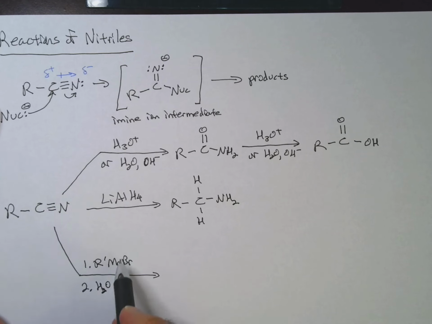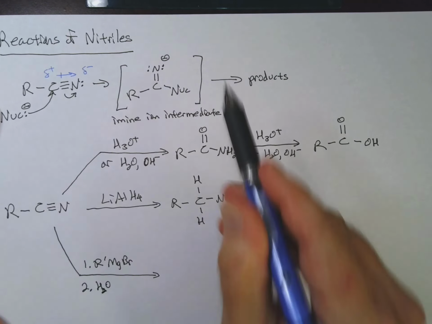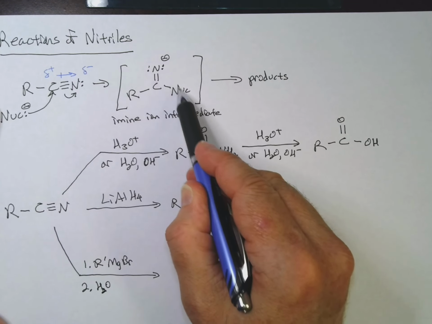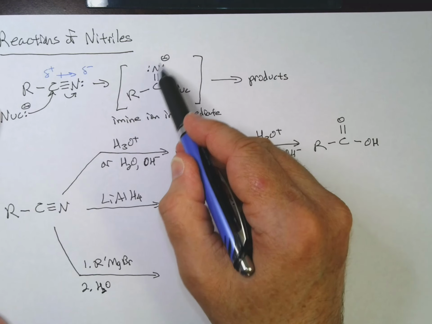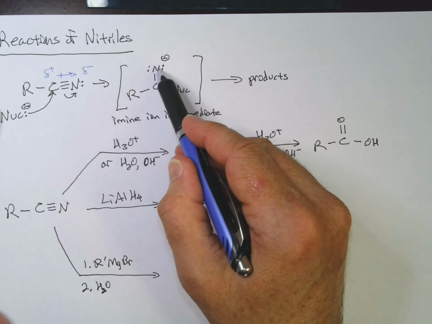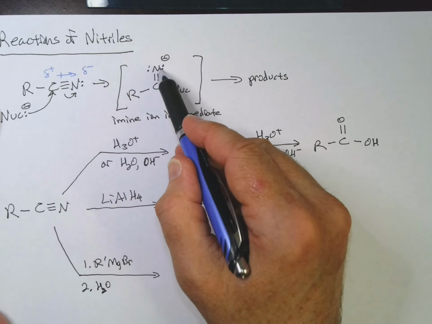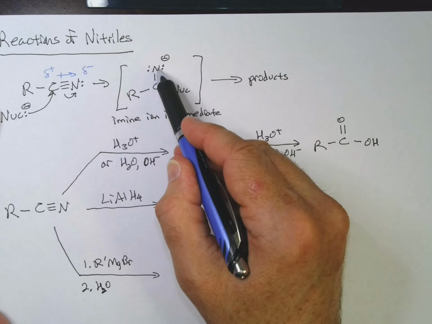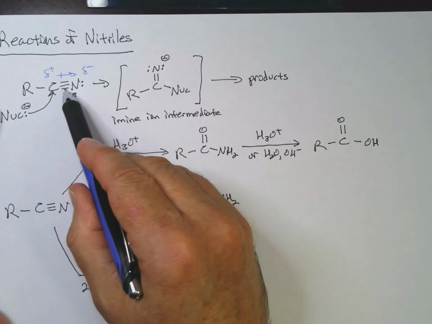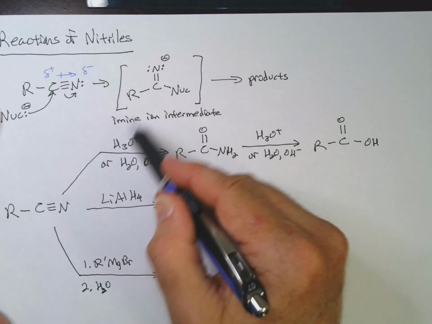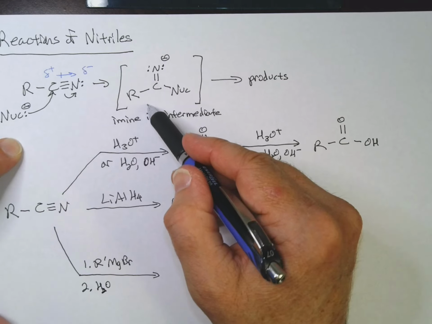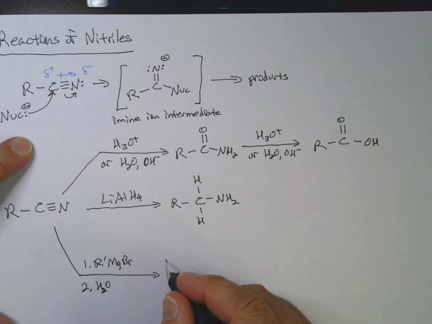What happens is one Grignard adds, and this would be our R prime here. No more Grignards will add because we've got this N minus. We can't push more, then we'd have an N2 minus, that's just crazy talk. Because we have a negative charge on that nitrogen, this bond is not as polar as it was before, so carbon's not as electrophilic. The Grignard won't add, so we only get one Grignard adding.